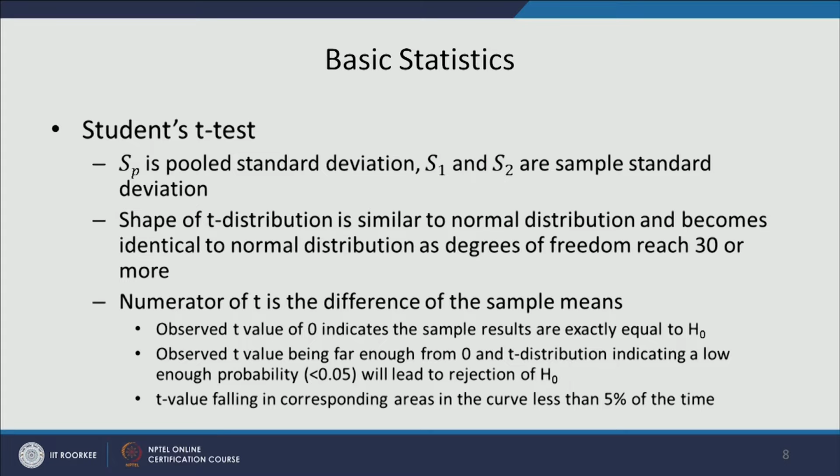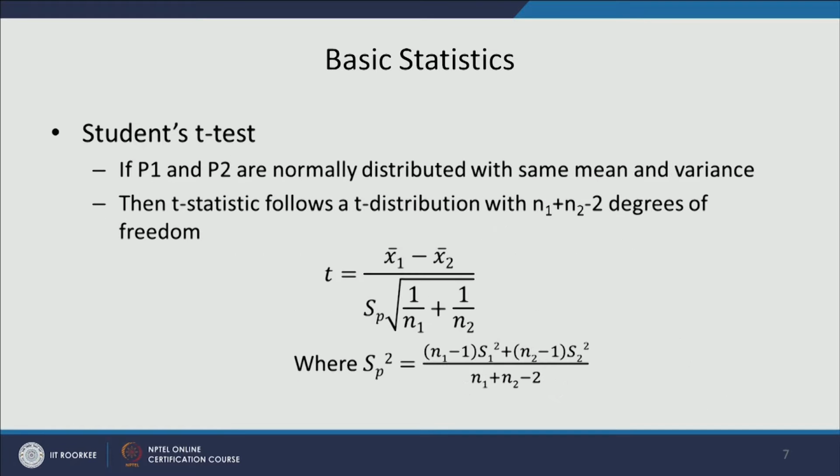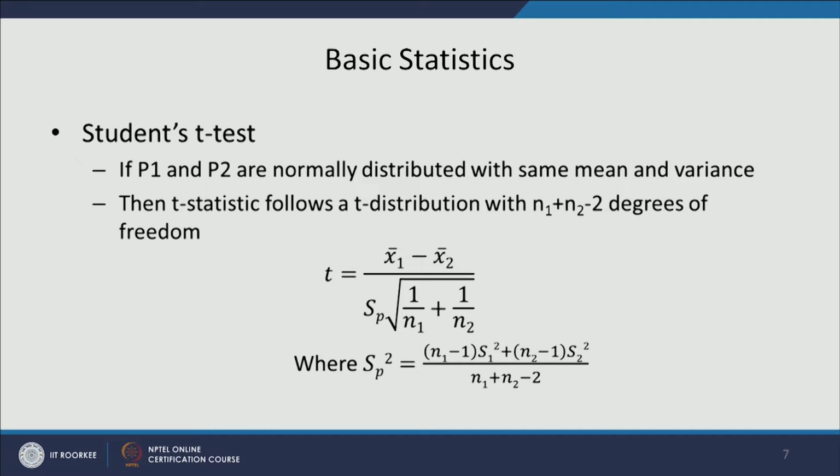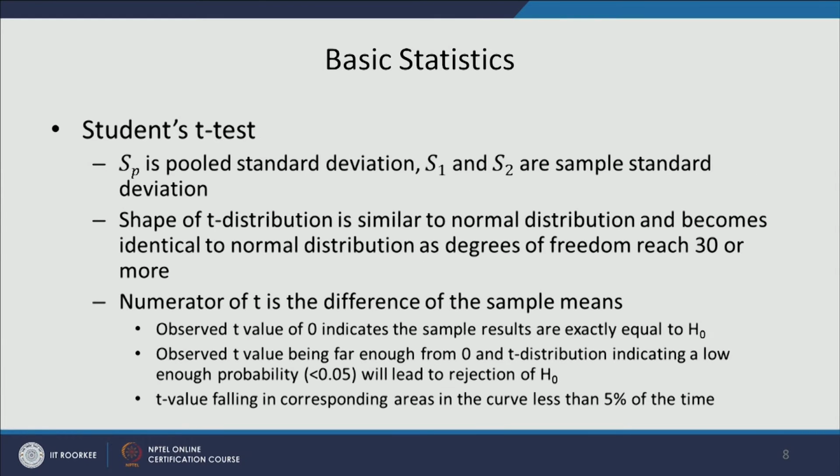Now, some specific discussion points on the T statistic formula. You can see the numerator of the T statistic is actually the difference of the sample means. So, for our null hypothesis and alternate hypothesis, if the observed T value comes out to be 0, then that would indicate that the sample results are exactly equal to the null hypothesis.